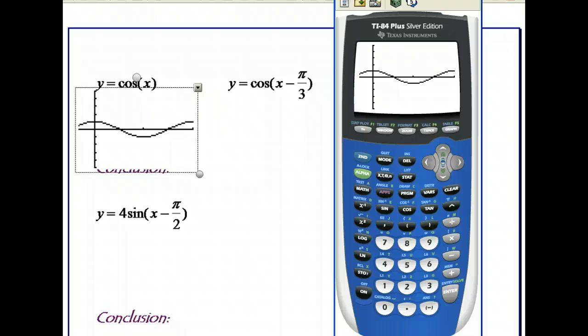We're going to look at this cosine of x minus pi over 3. Now, ordinarily, again, I'd think minus means we're moving to the left, but after learning in that last slide that the plus was opposite direction, I'm going to say that this one's probably going to shift to the right. Let's see if I am correct. We want pi over 3. And we graph it.